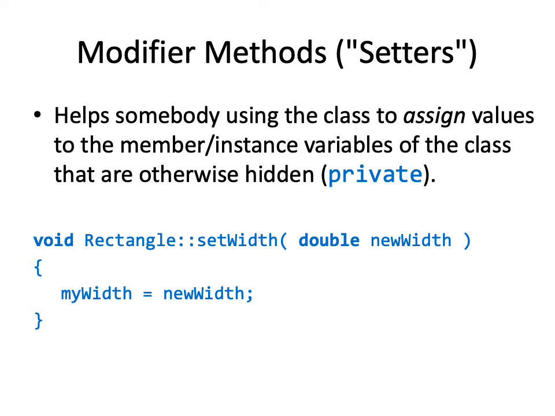Instead, you say, no, you can't actually access those variables. They're hidden from you. But you can try to set their values by going through set width, and set width will check then and say, hey, is this value legit? Is it okay for this class? If it's not, it won't touch those values. So it's a way you can add some extra security to your classes.